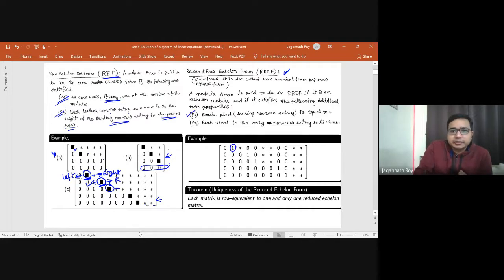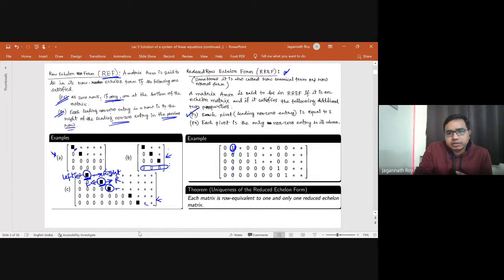It has another property that if any column has a leading non-zero 1, except 1, all other entries in that particular column will be 0. So if there is no leading non-zero in this column, all are zeros.